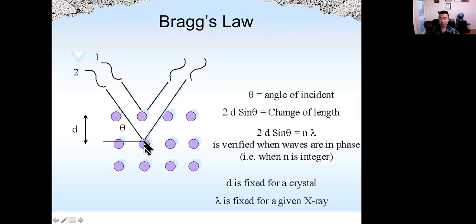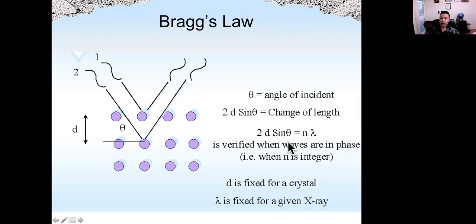We can calculate the travel distance of wave 1 and wave 2. 2d sin theta is the difference between the distances traveled by wave 1 and wave 2, and theta is the angle of incidence. Lambda is the wavelength, and d is the distance between two atoms.